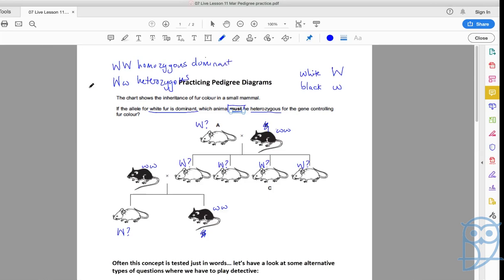Now, what we want to find is which mouse must be the heterozygous one.